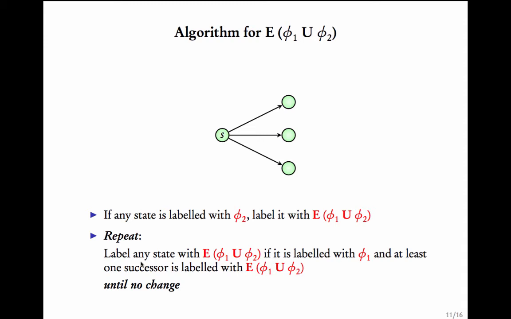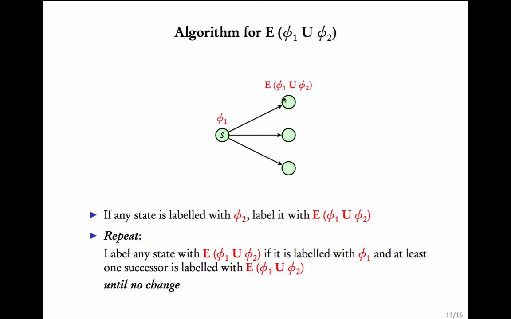Then we need to repeat this process. We need to label any state with E of phi1 until phi2 if it is labeled with phi1 and at least one successor is labeled with E of phi1 until phi2. We need to keep doing this until there is no change.